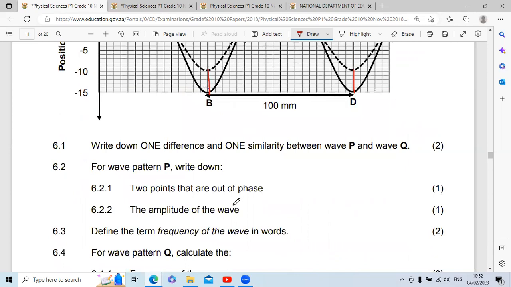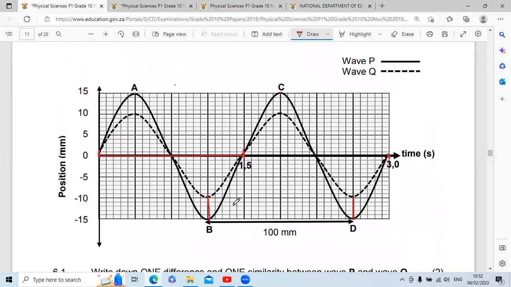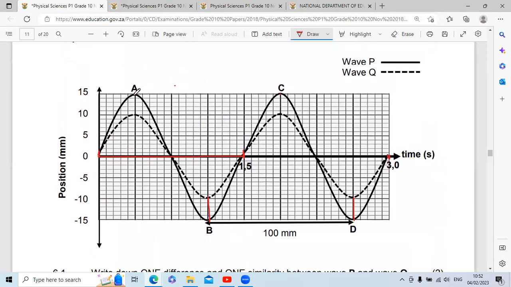And I want you to calculate the amplitude of the wave. So here we have an amplitude of 15, but the problem is that it's in millimeters. In physics, we're always going to use our SI units, and the SI unit for distance is always meters. So if they give you units in millimeters or centimeters, you're going to have to convert them to meters.